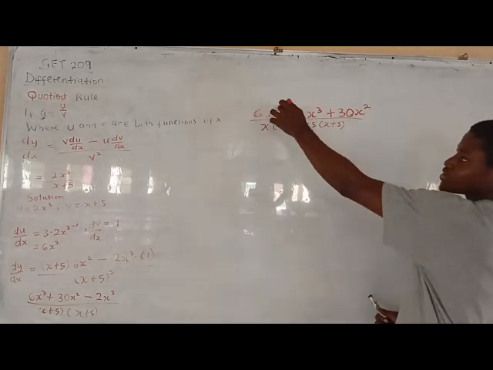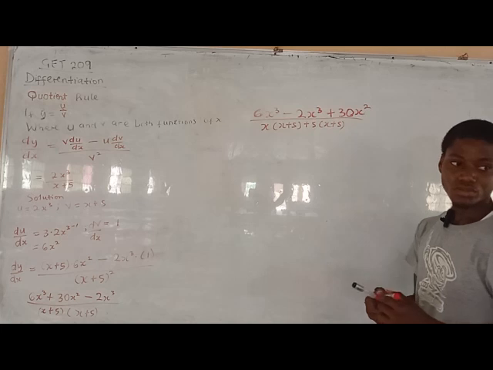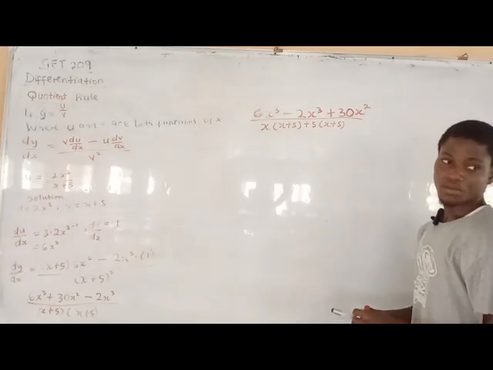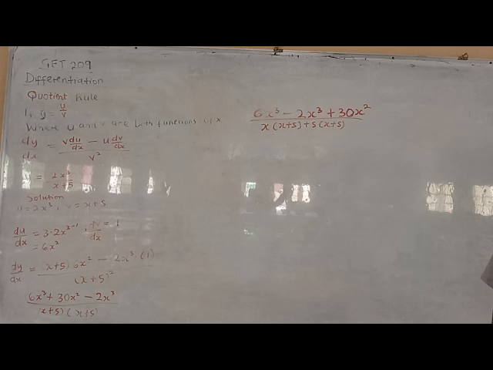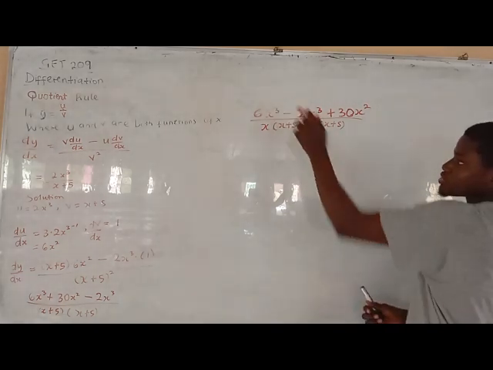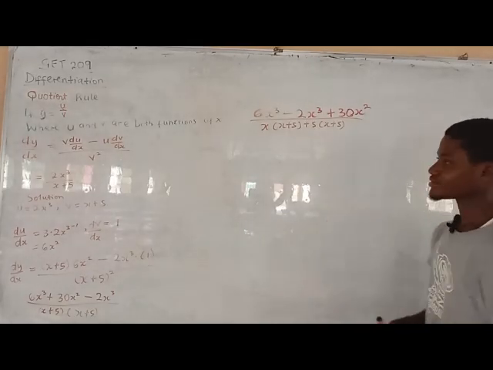So 6x cubed minus 2x cubed is 4x cubed. Because 6 akara minus 2 akara remains 4 akara. So x cubed is akara.